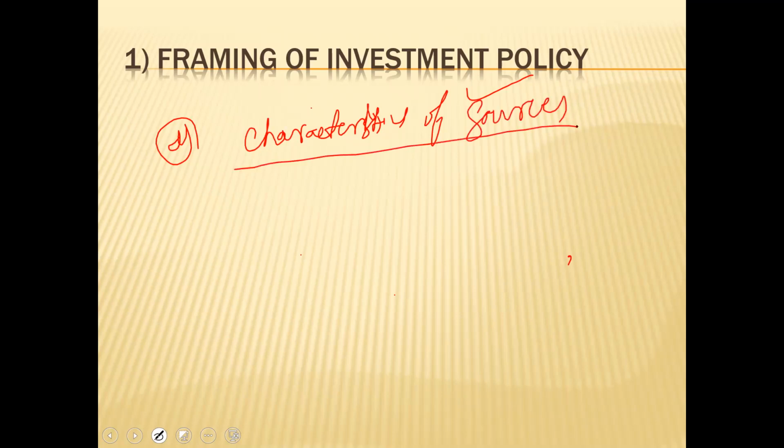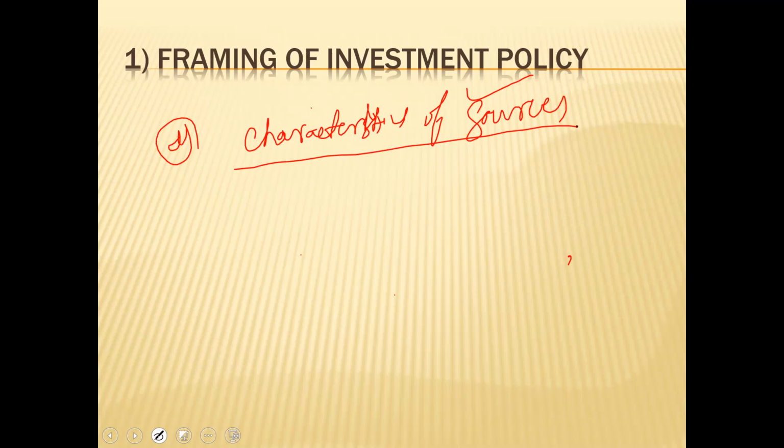Now I told you, identification of potential investment sources is nothing but equity shares, preference shares, debentures. You are identifying the different investment sources. Now the fourth step is consideration of attributes of various investment assets. What are attributes? Attributes is nothing but characteristics.